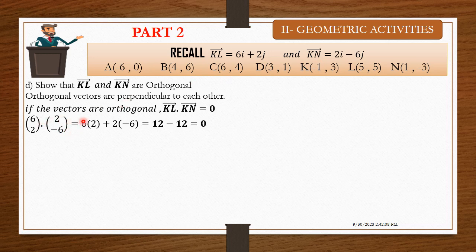The dot product is 6 times 2 plus 2 times negative 6, which gives us 12 minus 12, equal to 0. So KL dot KN is equal to 0, and we are free to conclude that the two vectors KL and KN are orthogonal.